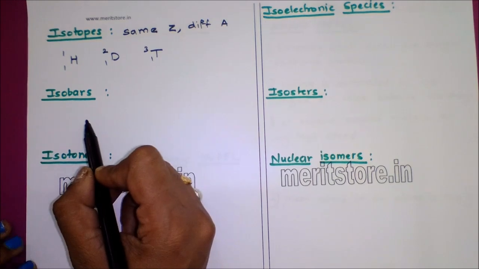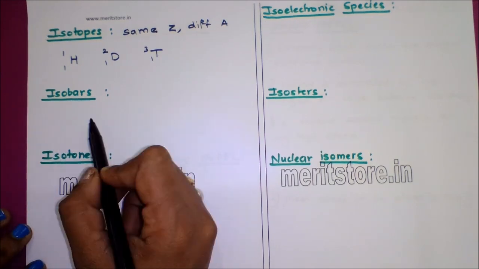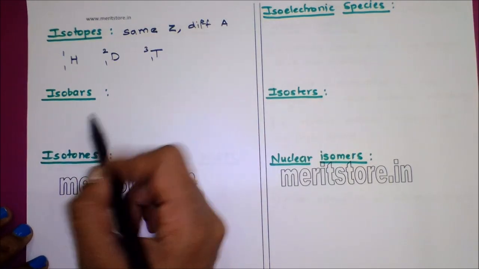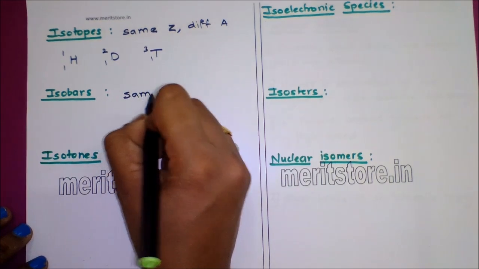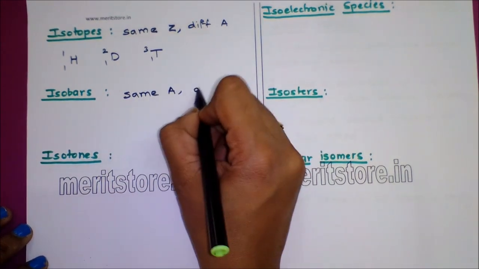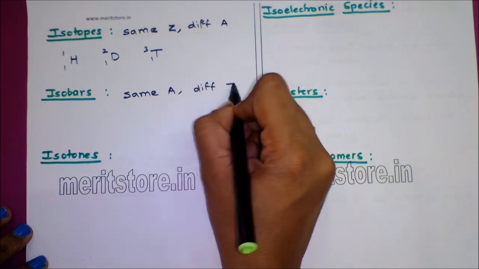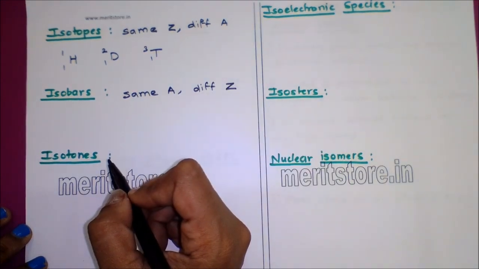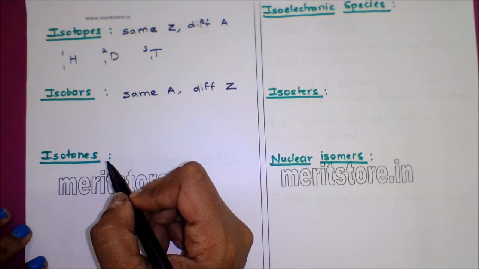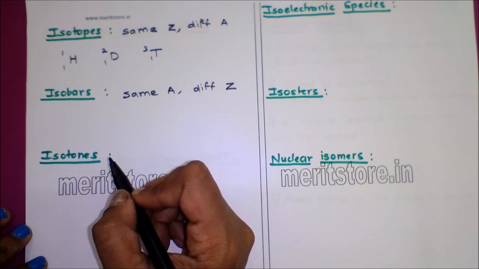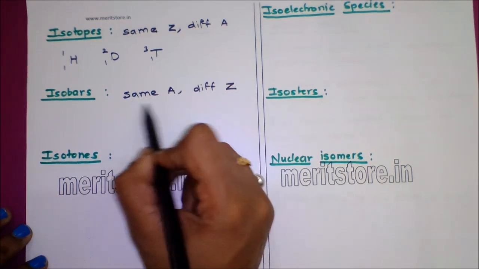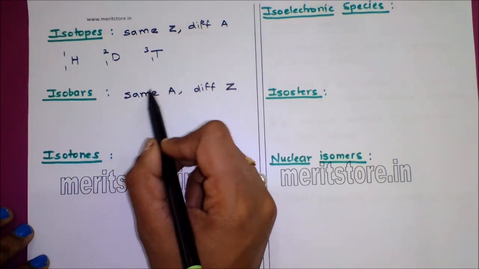When we talk about isobars, these are atoms having the same mass number this time. The mass number A is the same, but they have different atomic numbers. This is possible when they have different numbers of electrons, protons and neutrons, but the sum of the protons and the neutrons is the same.